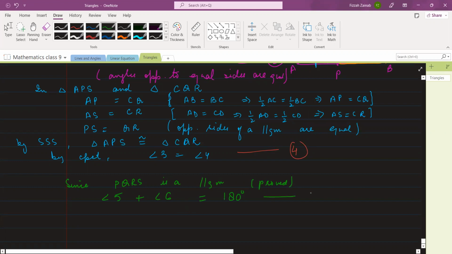First of all, give it some name, let's say equation number 5. So you can write that adjacent angles of a parallelogram are supplementary.